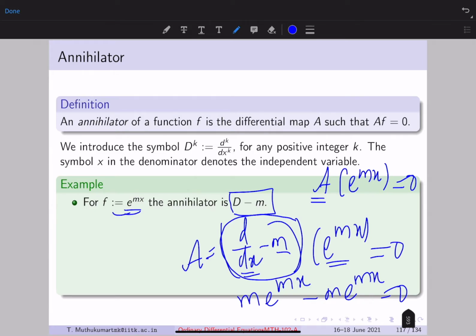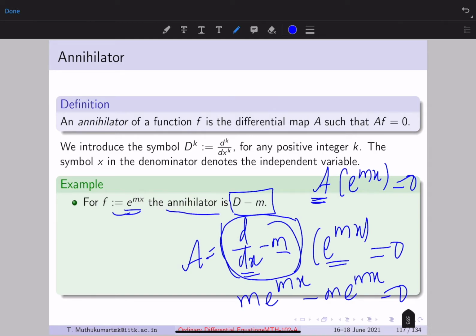So for this function, it's easy to find A, right? You can have more than one. Suppose I apply another differential operator. Since it's already 0, if I apply another D on A, that is also an annihilator. So there is no unique choice of A. You can have more than one choice of A. Choose the A which is easy for you to work with in the differential equation and so on.